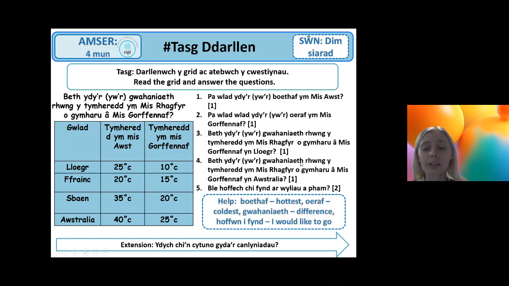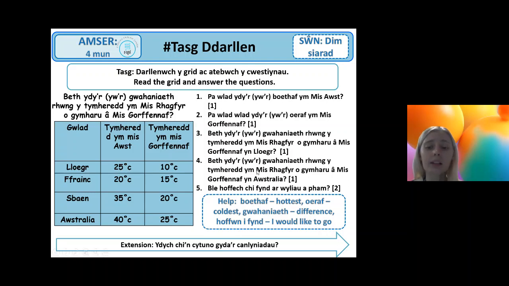Then they say, beth ydy gwahaniaeth rhwng Awst a mis Gorffennaf yn Lloegr? So they're asking you, what's the temperature difference between August and July in Lloegr, England? So you need to take 25 away from 10 for number 3.